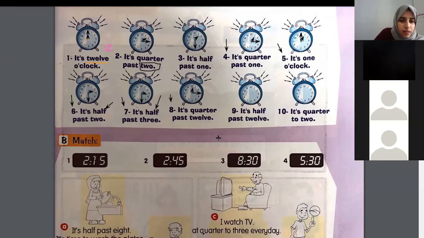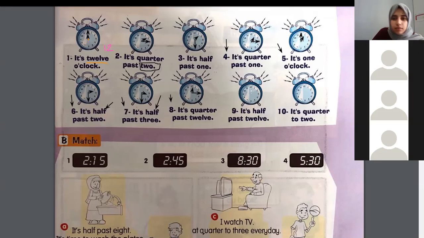Malik, for number 9, it's half past 12. They wrote half. So where should the long hand be, Malik? It's half past 12. Yes. So I want to put the long hand at 3 or 6 or 9 or 12.